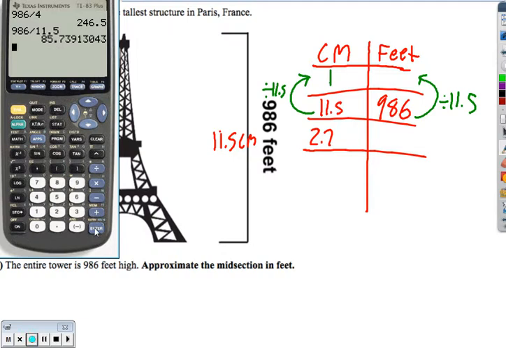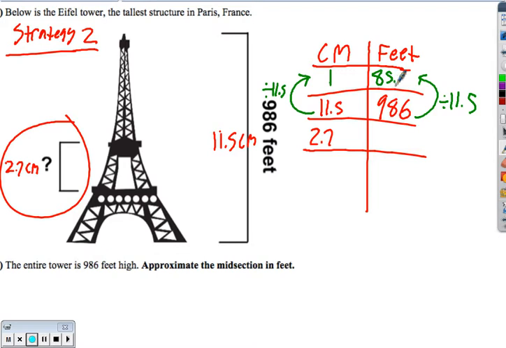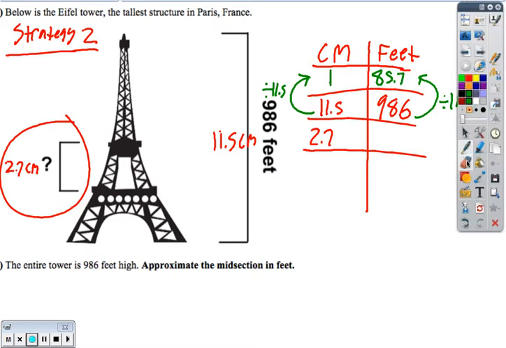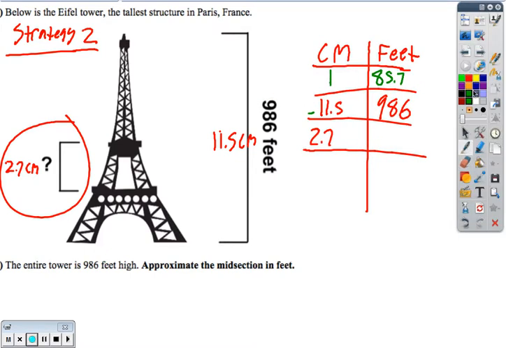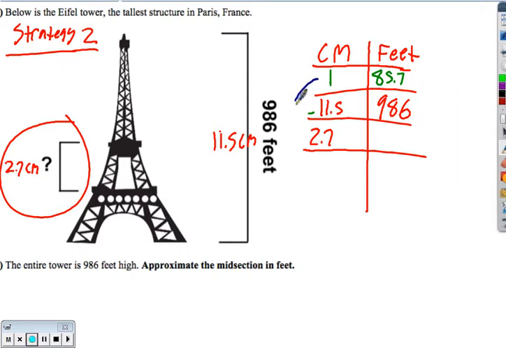That's 85.739. Let's round it to the tenths place for now, so we'll call this 85.7. Now we could use this unit value to find out how many feet 2.7 centimeters would be proportional to. So we have 1. To get 2.7, you would just multiply this by 2.7, because this means we have 2.7 times as many centimeters.